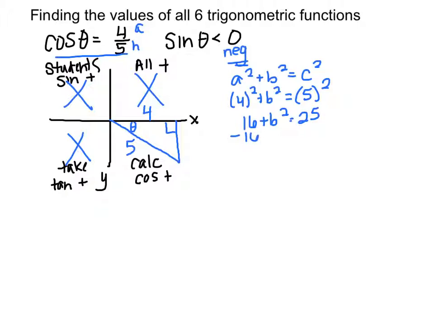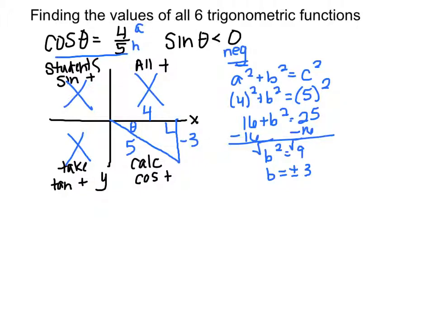When I subtract the 16 to the other side, I get b squared equals 9. And when you take the square root of both, I get b equals plus or minus 3. So now I need to determine, is my b length positive or is my b length negative? Well, since from here I'm going down, the b length is negative.